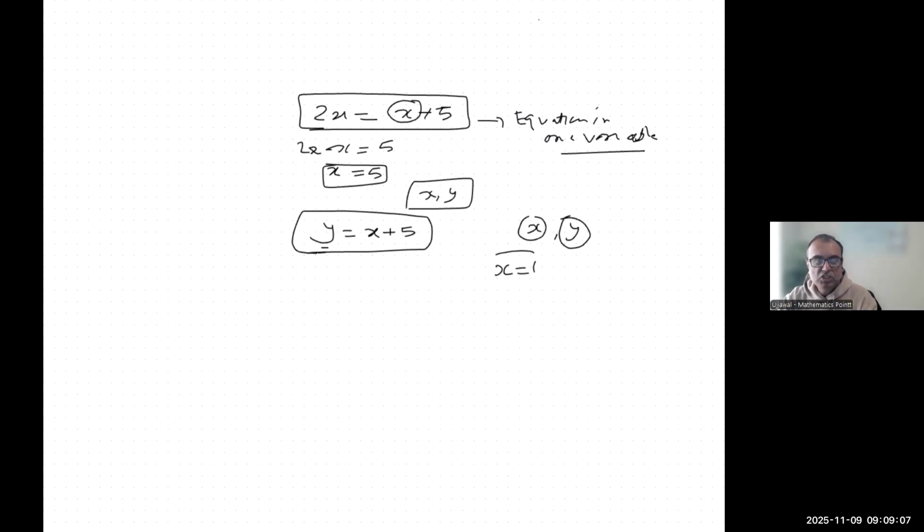We have replaced x with 1 in this equation, so wherever there is an x, I've swapped it with 1. So I say 1 plus 5, which makes 6. So y is 6.